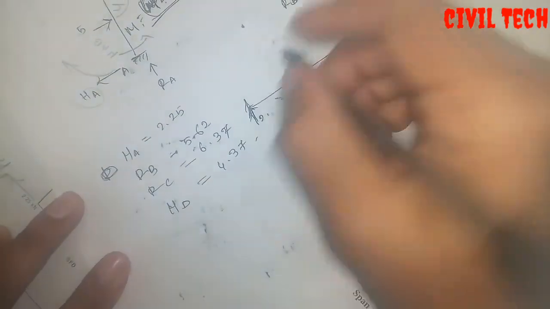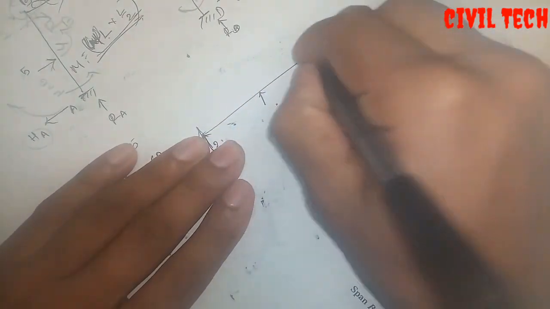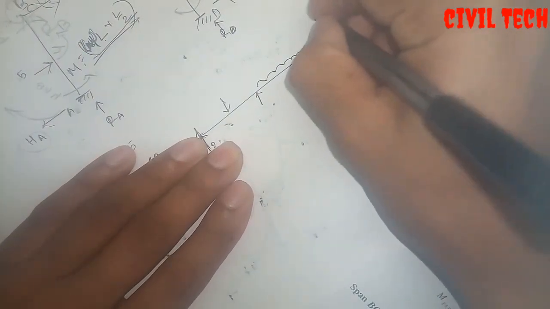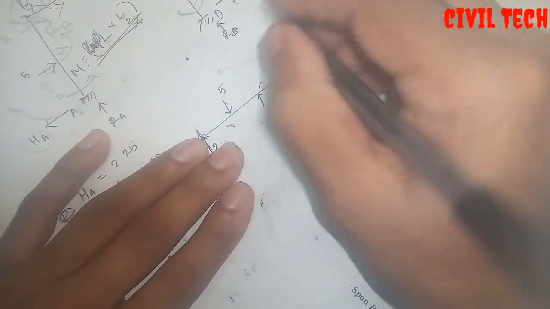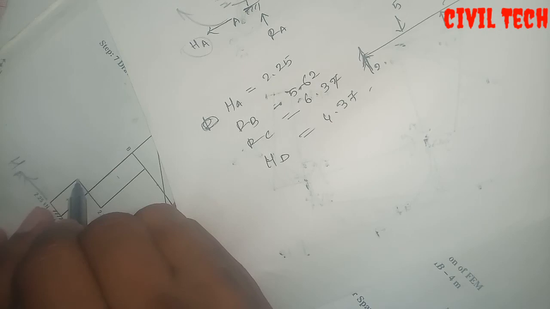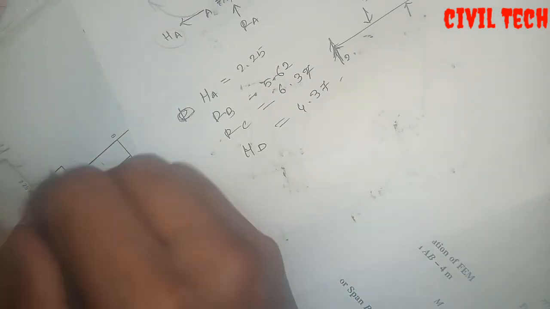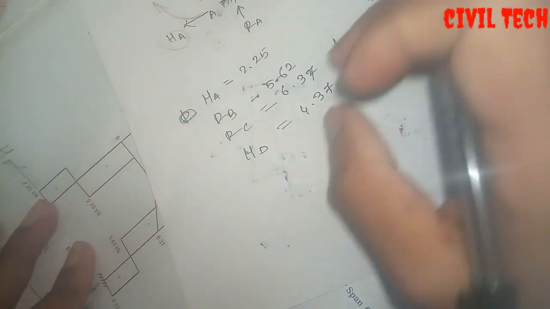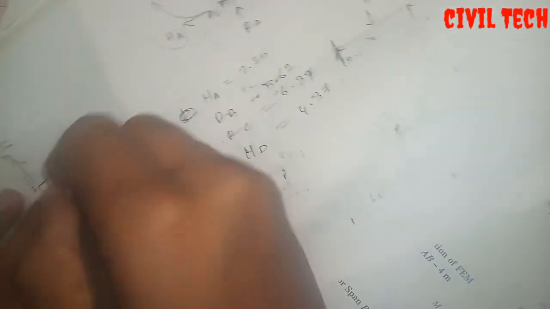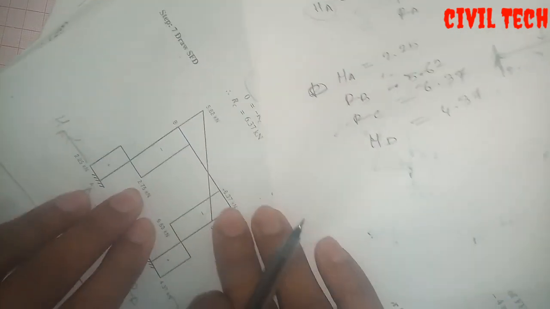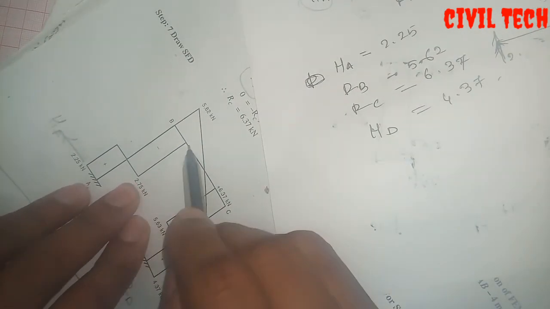Then this 5, here 5 UDL, and here 10. For this portion, the 5 loads come here, then it goes downside. How much? 2.25. The remaining portion, 2.75 kilonewton, is coming downside. Then connect it directly to the next line.